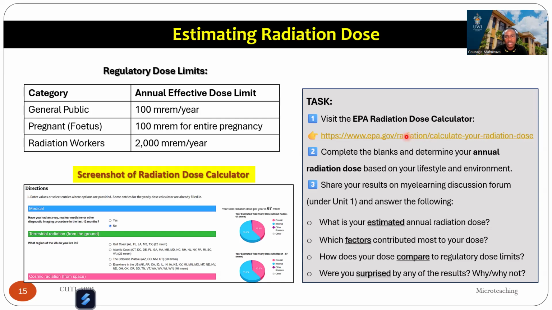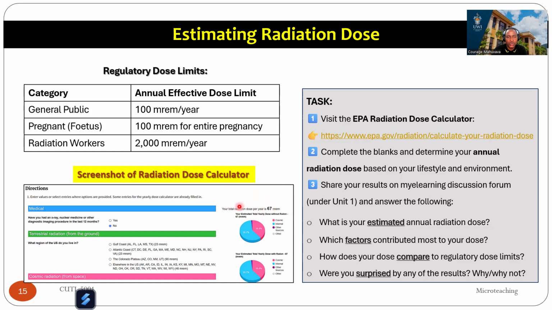If you fill in those questions, it would estimate the amount of radiation that you're exposed to based on your lifestyle, whether you are a member of the general public, whether you are a radiation worker, whether you have been on a lot of flights recently. Of course, if you fly a lot, you would be exposed to more cosmic radiation from the sun. So if you answer those questions, you would get a figure.